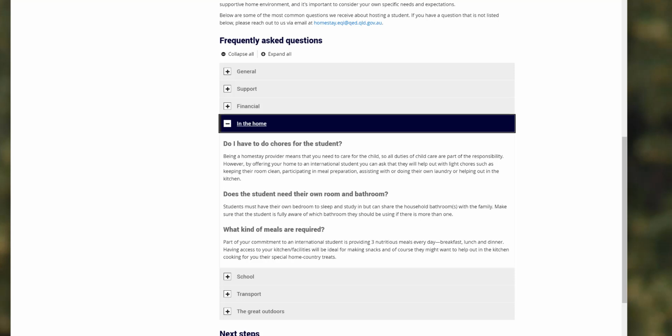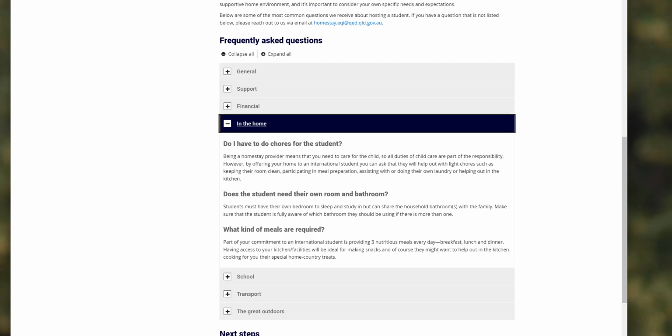So it really depends on the student that you end up with as to how much they want to be involved. In terms of annual holidays or events that you do with the families, the idea is that the student would come along with you. If you don't want them to come along, you just need to organise what they call emergency care.